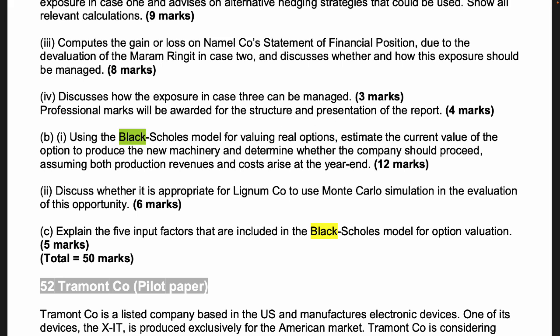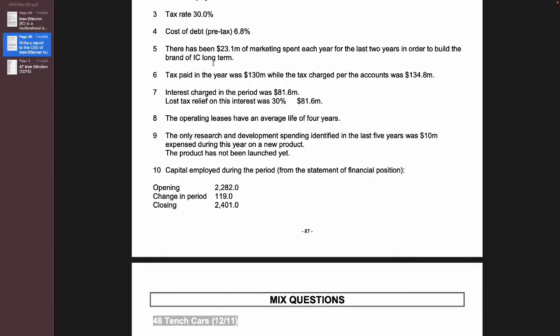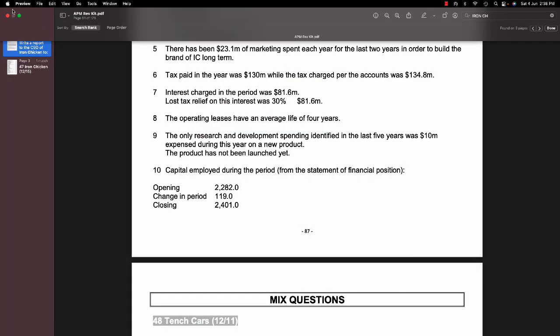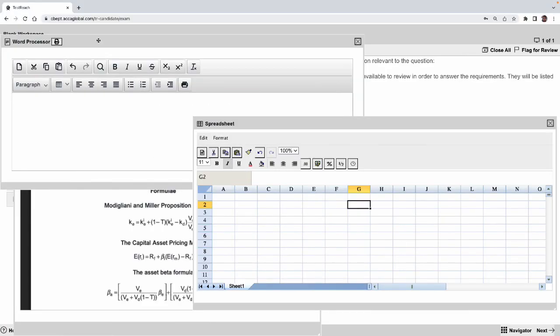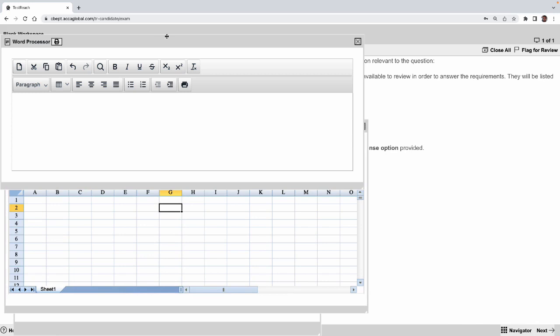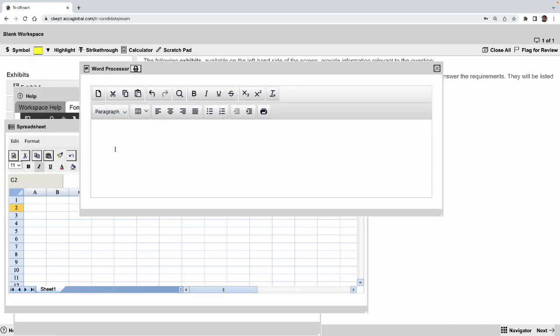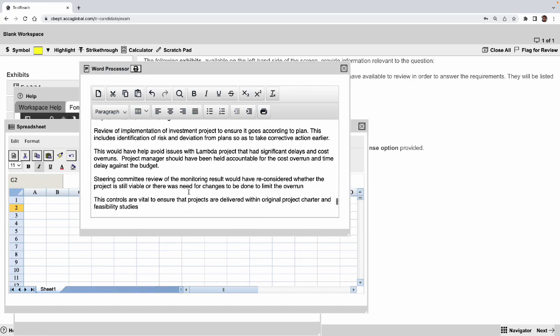So let's get started. If this is the question, the first thing you're going to do is look at the word processor and start organizing. Remember, always start by organizing the word processor. Let's go through this.